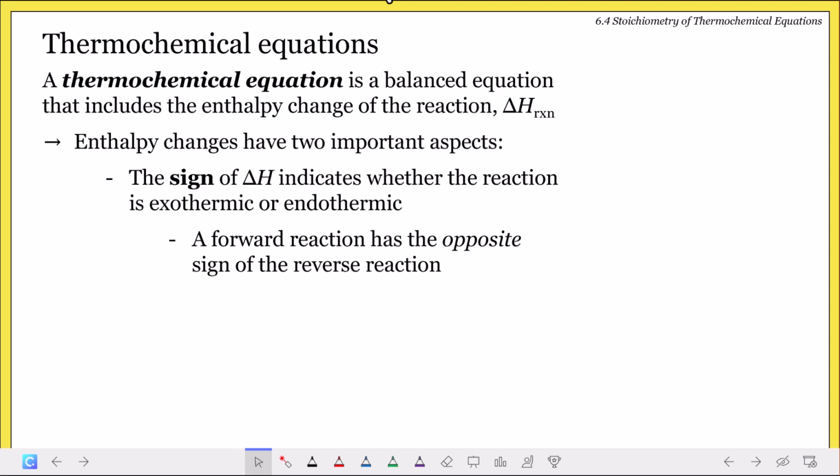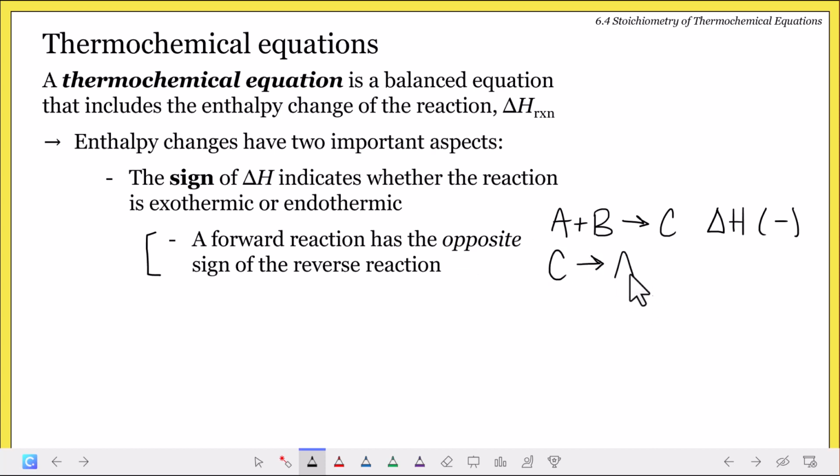So let's think about this. If we have some generic reaction, we'll just say A plus B yields C. Now, let's say that the delta H is negative for that reaction. What this bullet point is saying is that if we have the reverse reaction, so if we now have C decomposing into these reactants, A and B, then the delta H is going to be the opposite sign.